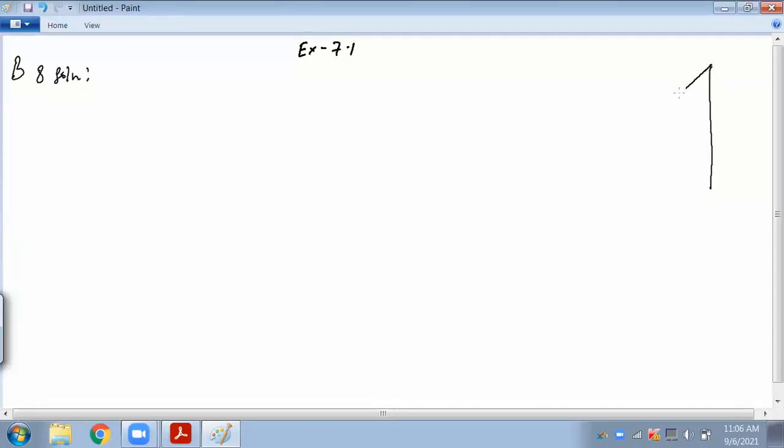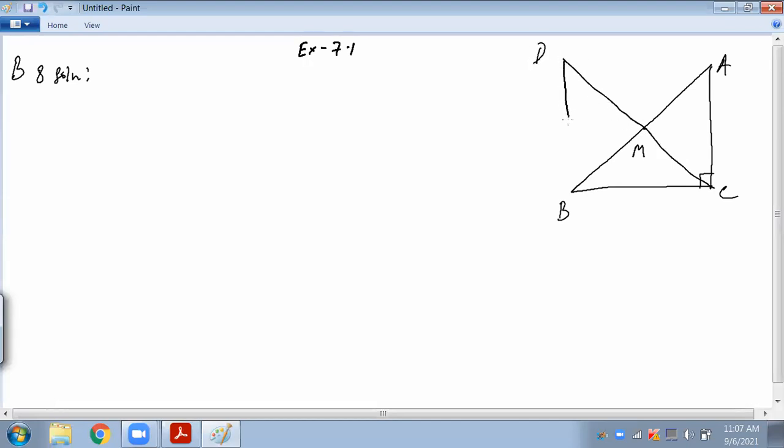In triangle ABC, angle C is 90. It is right angle at C. That means angle C is 90. And M is midpoint of AB, and CM is produced to D, and BD is joined, and CM and DM are equal.